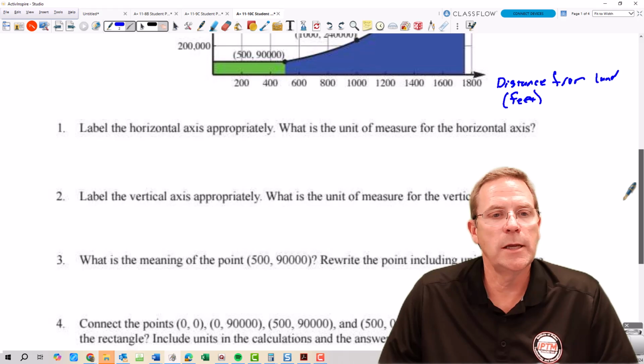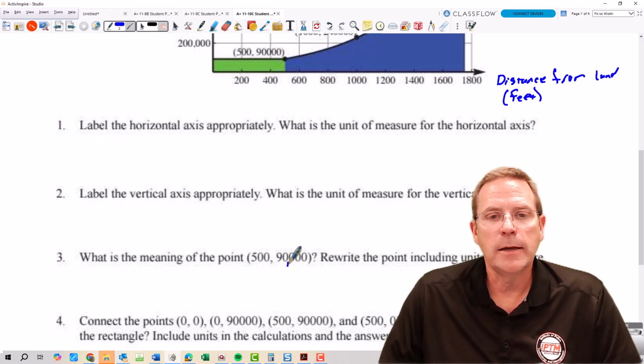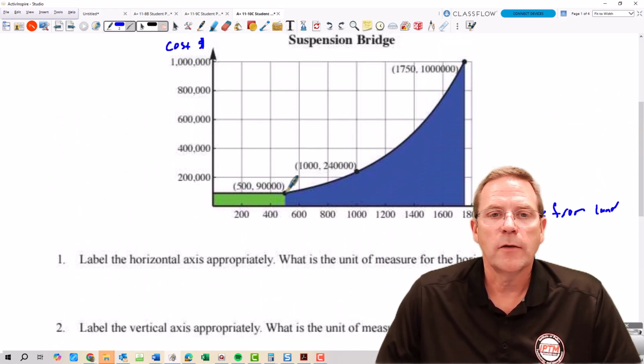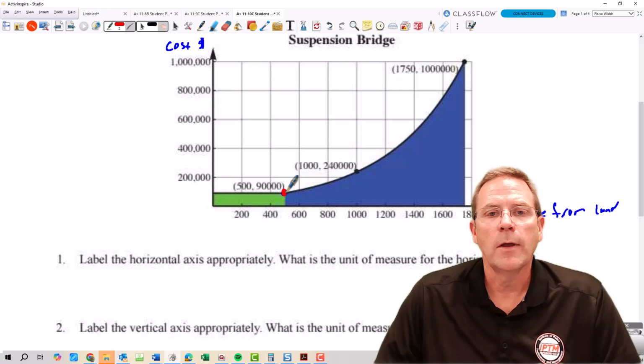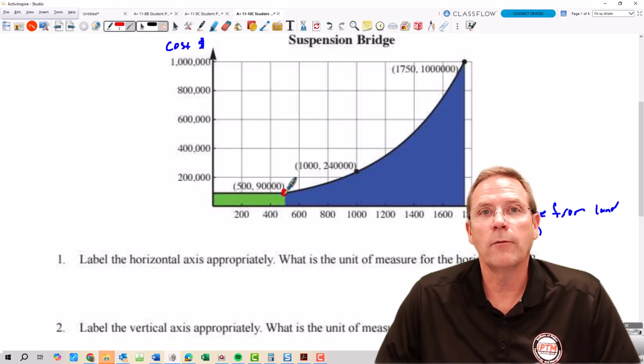In question C, what is the meaning of the point (500, 90,000)? Well, that point takes place right here, and let's change that to red so it'll be seen a little bit better. The meaning of that point is that at 500 feet from the starting point, or from the land there, the cost is going to be $90,000 per foot of bridge.